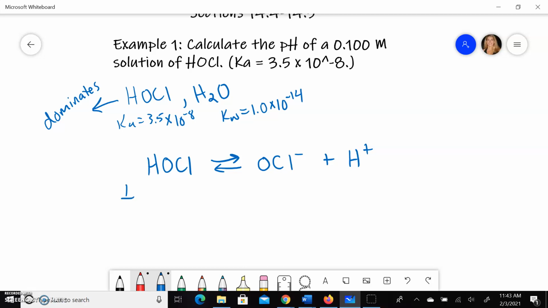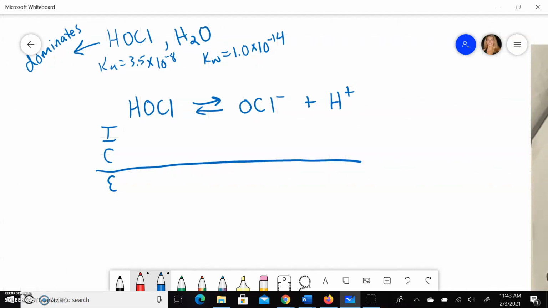We can set up an ICE box because this is a weak acid. Just as a reminder, you do not set these up for strong acids because we assume 100% dissociation. And we're actually mixing it with water as well, but this is a liquid, so we're going to ignore it. All right, so we can go ahead and plug in our initial concentration here.